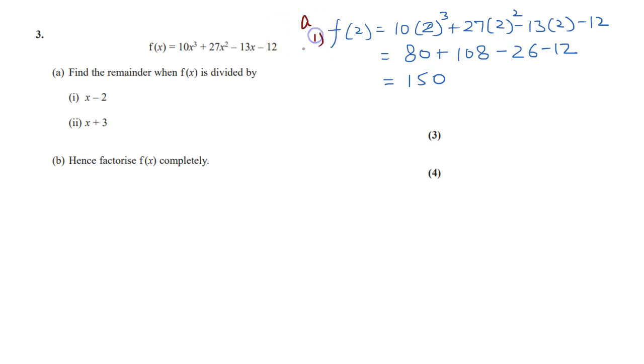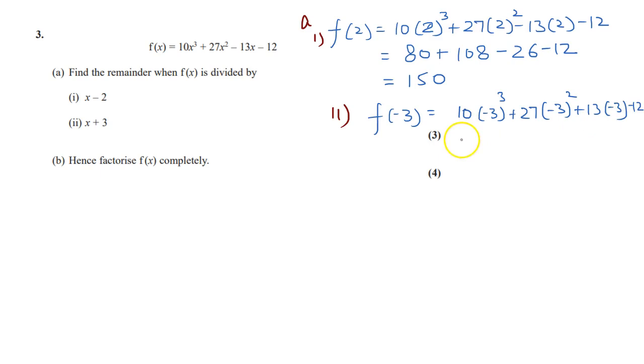This is the first part, now the second part. Now we put x is equal to minus 3, x plus 3, f(minus 3) is equal to 10 times minus 3 cube plus 27 times minus 3 square plus 13 times minus 3 minus 12. So that is minus 270. This is a plus.